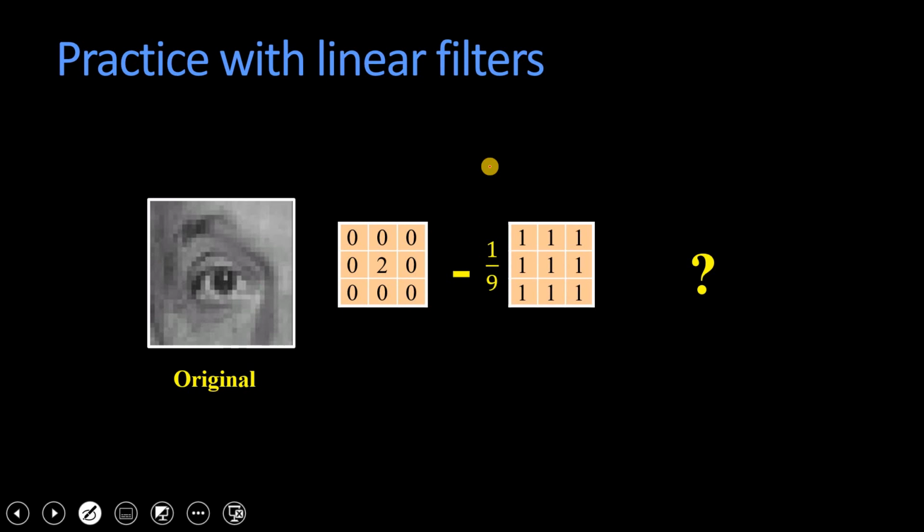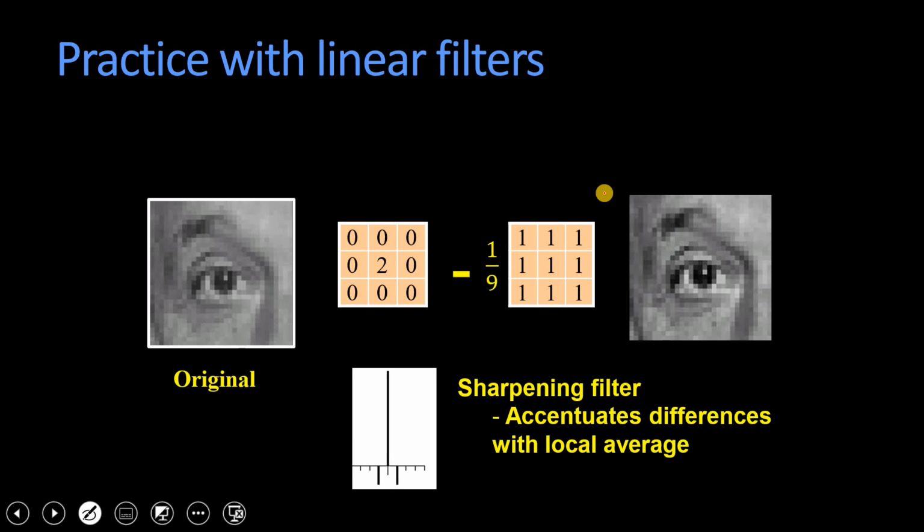Now this is another thing, very interesting. What is happening over here? The operation happening over here, these two things, effectively the result of this minus operation will be 0 minus 0.11, because remember 1 over 9 is 0.11.